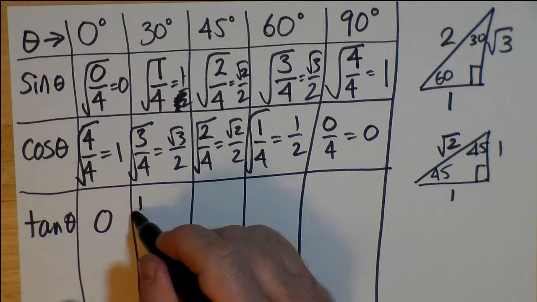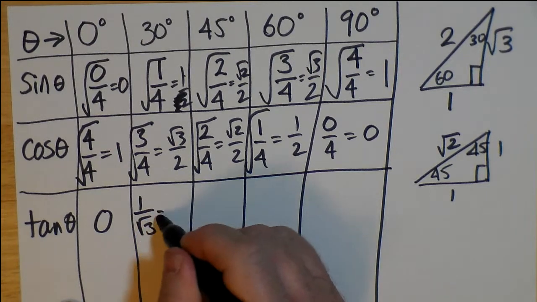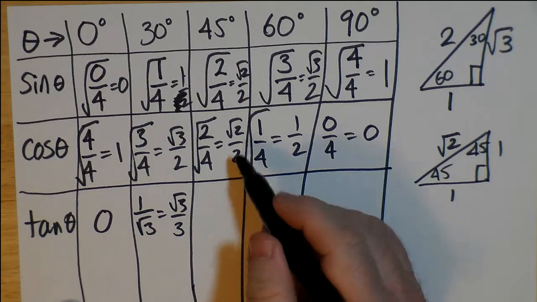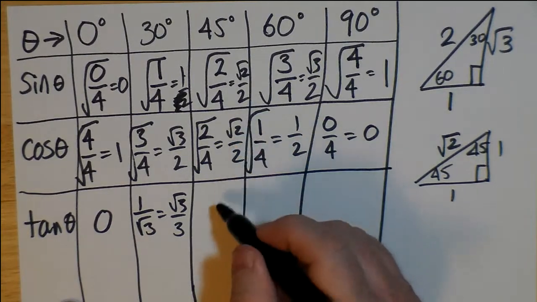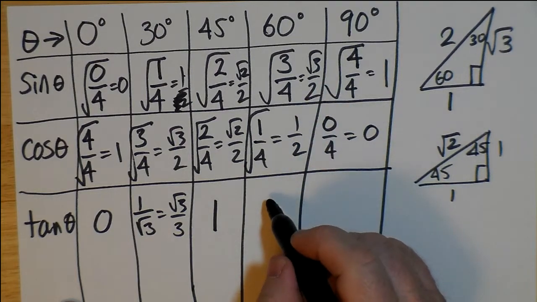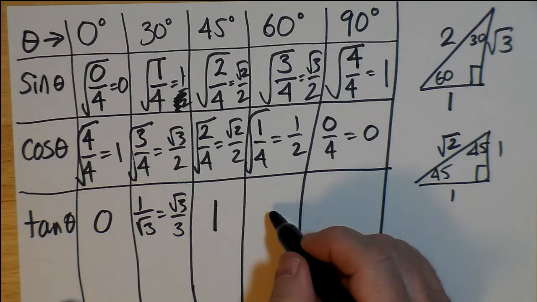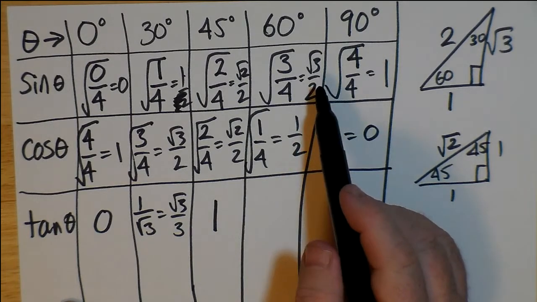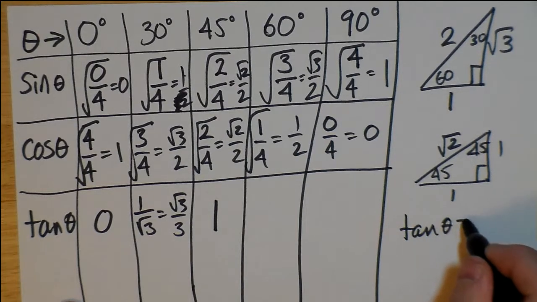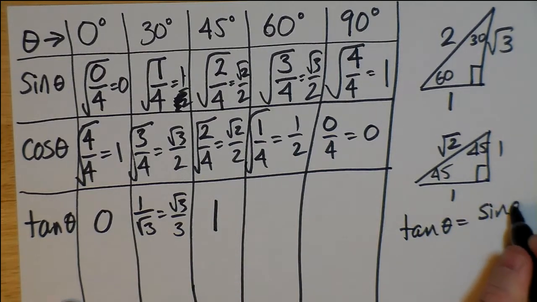Now for tan of theta, all we need to do is take the sine of theta and divide it by the cos of theta. So for 0 degrees, all we need to do is divide 0 by 1. Well, that's 0. 1/2 divided by root 3 over 2 for 30 degrees is root 3 over 3. 45 degrees is root 2 over 2 divided by itself, which is 1. 60 degrees is root 3 over 2 divided by 1/2.